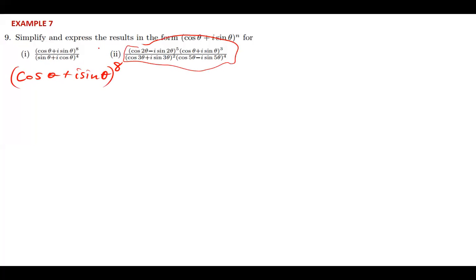So I'll explain it using this same question here because I've seen it somewhere. That's why it has popped in my mind. I've remembered. Okay, so you have that on top, and then down there, you have sine theta plus I cos theta.